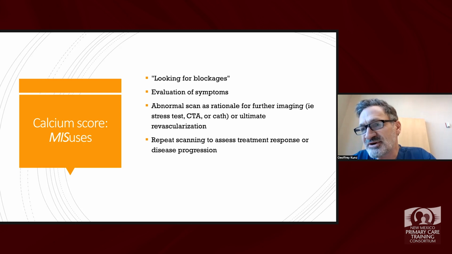We now know he's got coronary disease, but in an asymptomatic patient, there's no benefit from revascularization. So basically, he was subjected to multiple unnecessary tests with the misperception that somehow calcium scoring was going to improve his health outcome.